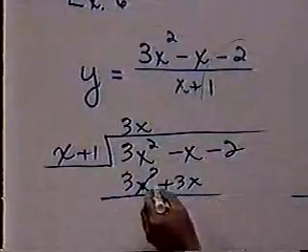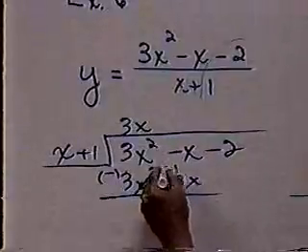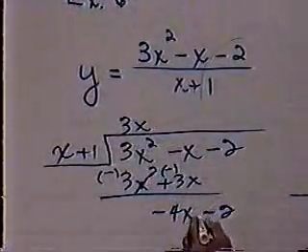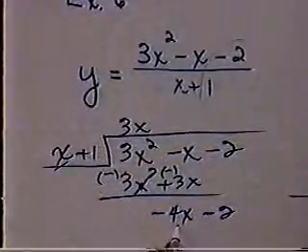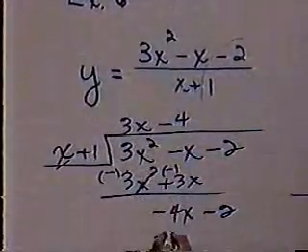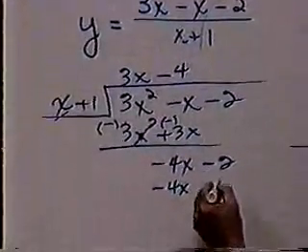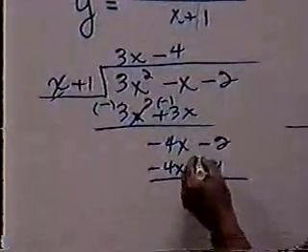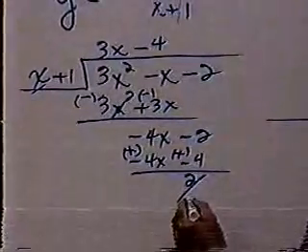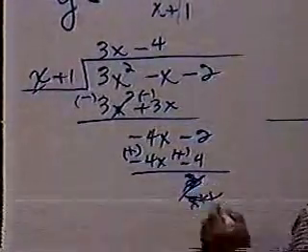On long division, you change the sign, you subtract, so we have a minus 4x. Bring down the next term. X will go into minus 4x minus 4 times. That gives us a minus 4x minus 4. Subtracting, we get a remainder of 2. So we don't care about that.